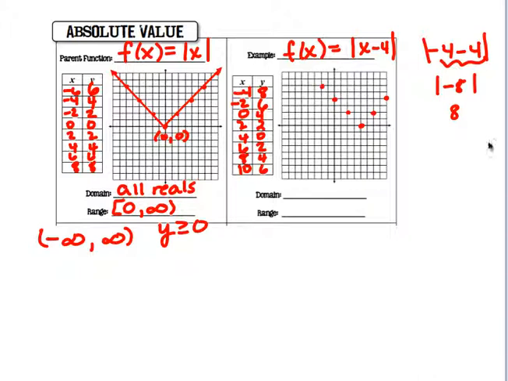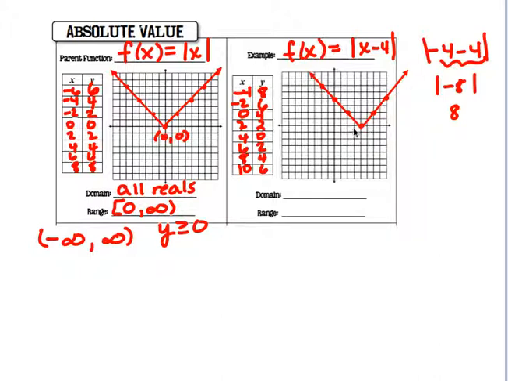And we'll go ahead and make this. So a table is a really good way to generate this graph. Sometimes students have trouble figuring out where this point is, but basically if you just keep plugging in numbers, you'll eventually figure out where the other part of your V is going to go.